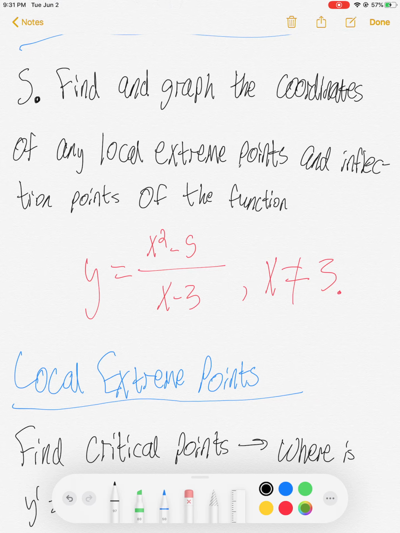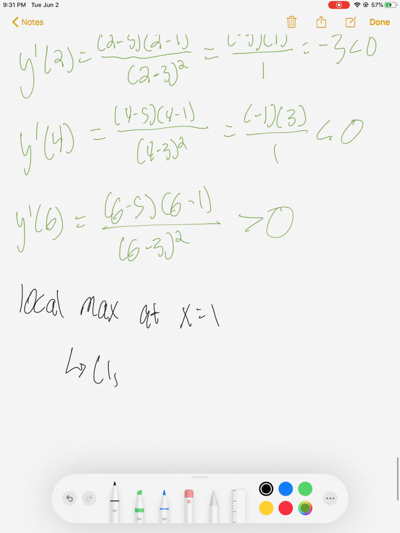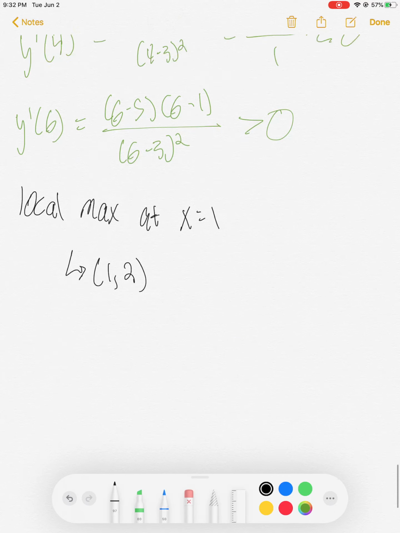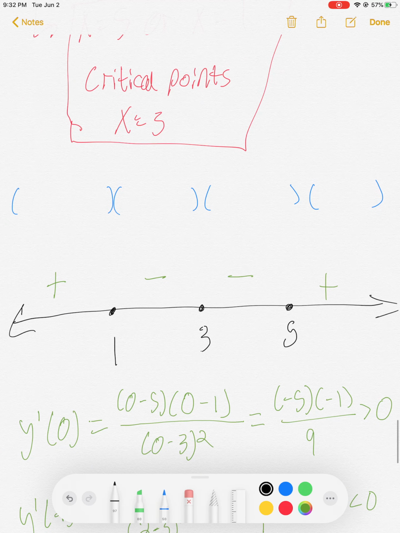So local max at x equals 1, and in fact, this is the point. Let's plug 1 into our original function to find the y-coordinate. So that's going to be negative 4 on top, negative 2 on the bottom, so that's going to be 2. So local max at 1, 2.